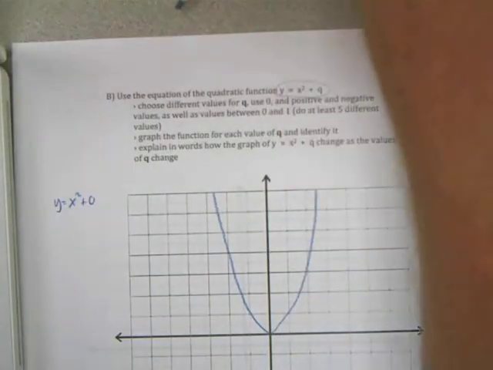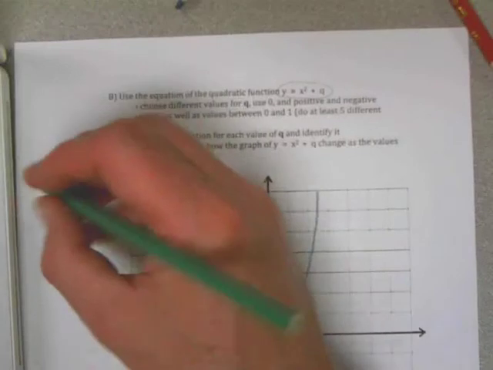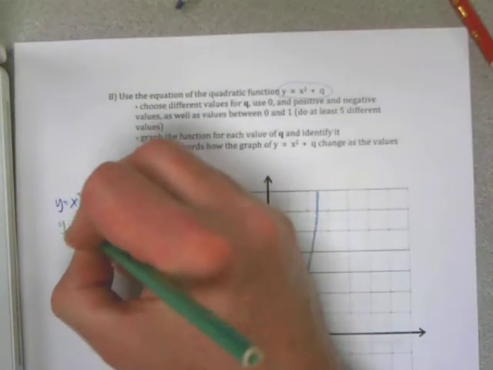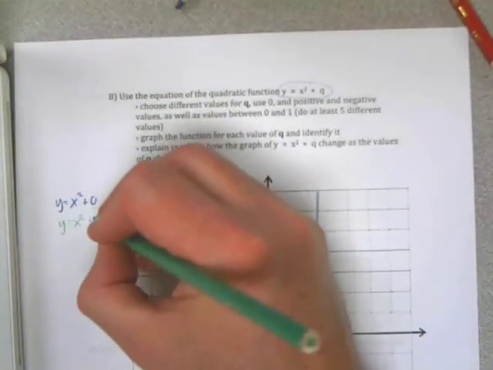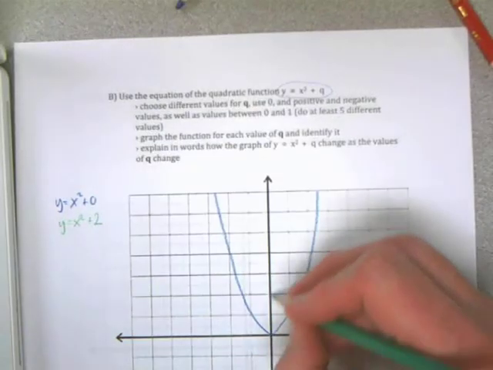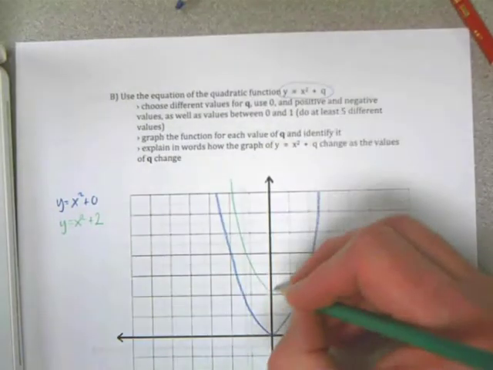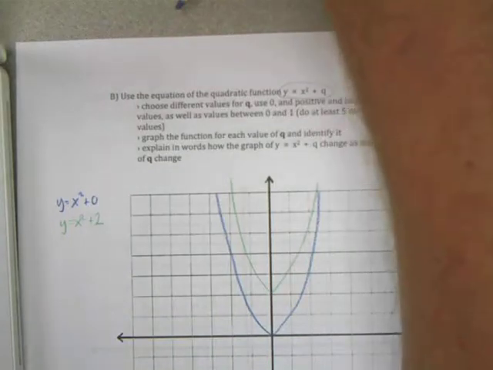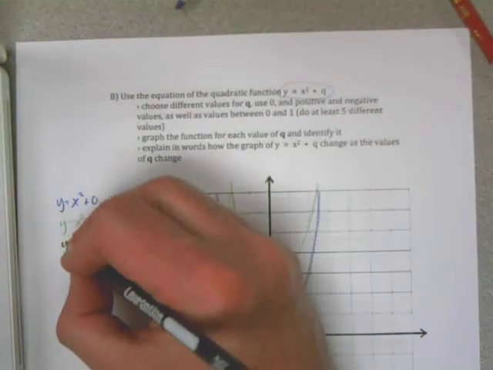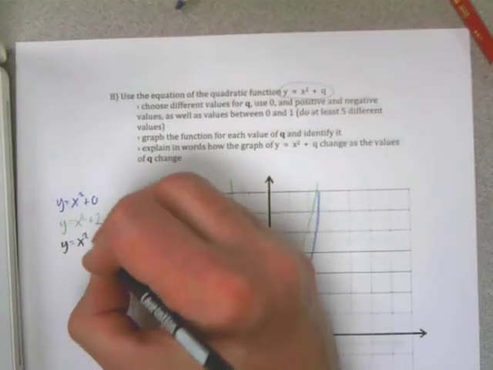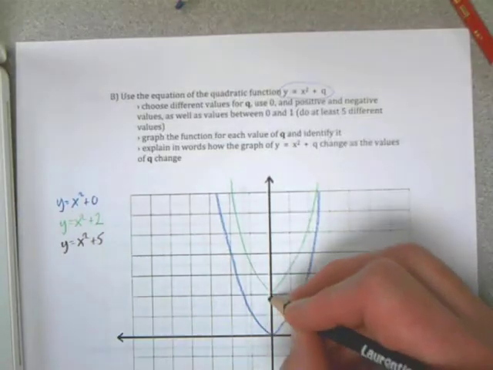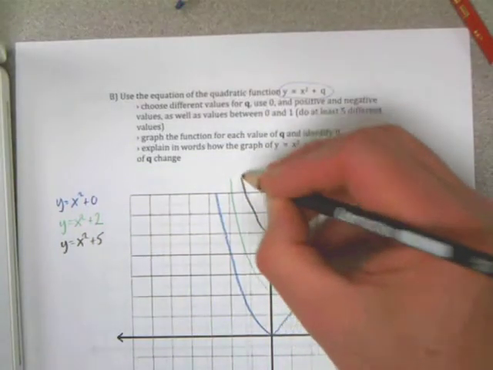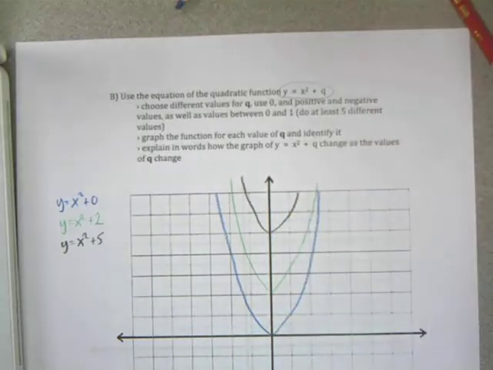Then I'm going to plug in y is equal to x squared plus 2, and it comes up 2 and still has the shape of a U. Then I'm going to plug in y is equal to x squared plus 5. 1, 2, 3, 4, 5, and it still opens up.